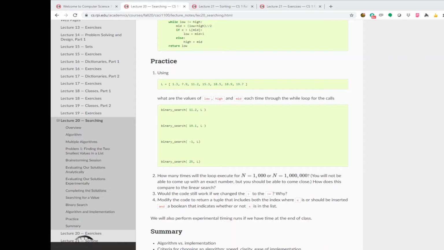Should you be on the whiteboard? I should be on the whiteboard. I will navigate my way back and put you on the whiteboard in just a second. Our target value is 19.1.